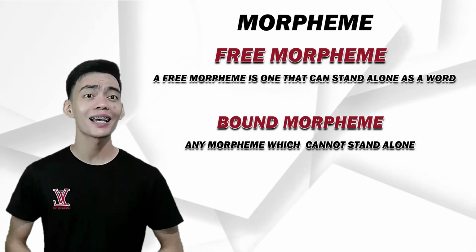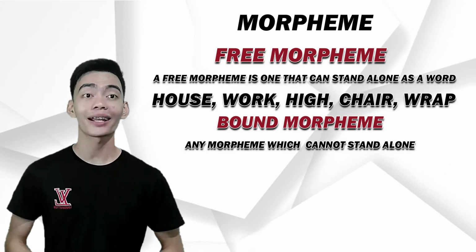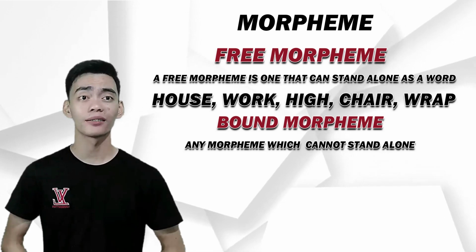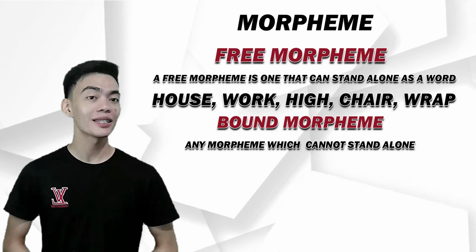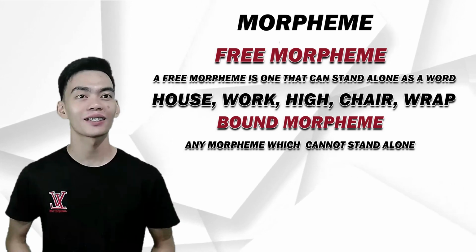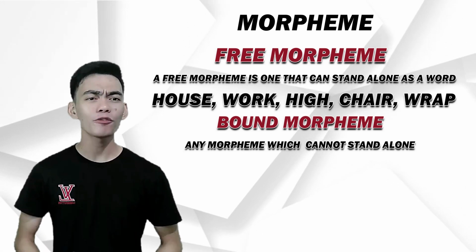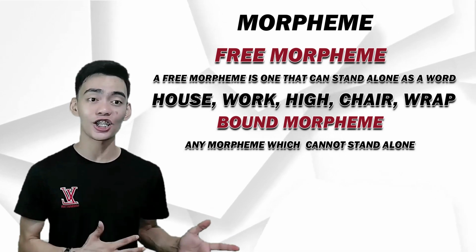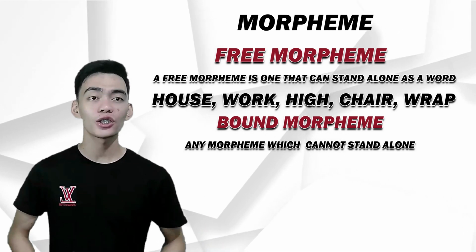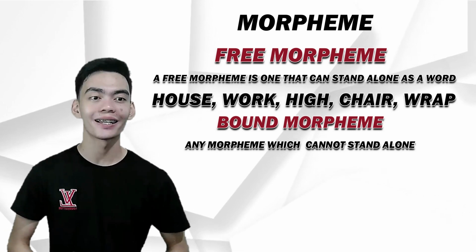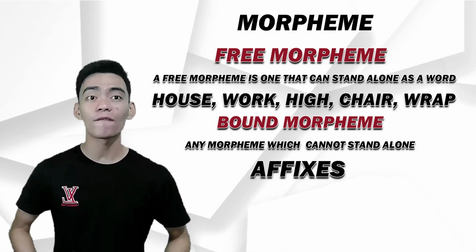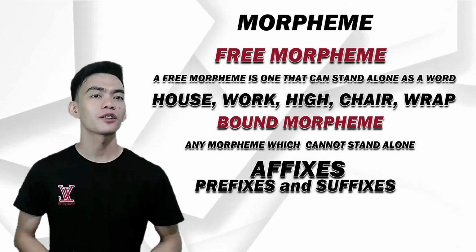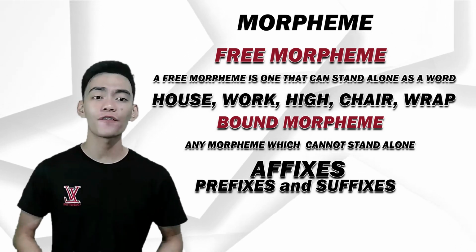For instance, house, work, high, chair, and rope. They are words in themselves. Meanwhile, a bound morpheme is a morpheme that must be attached to another morpheme to receive meaning. These are the affixes, which subdivide into two: the suffixes and prefixes.